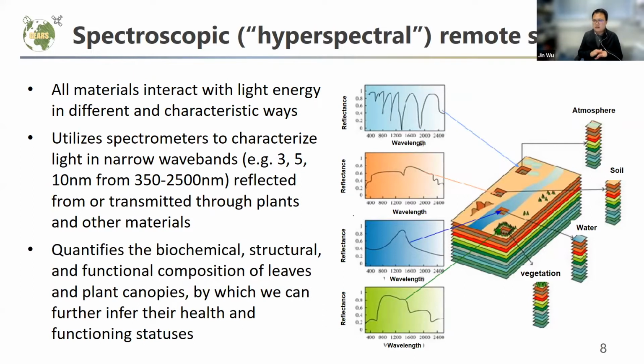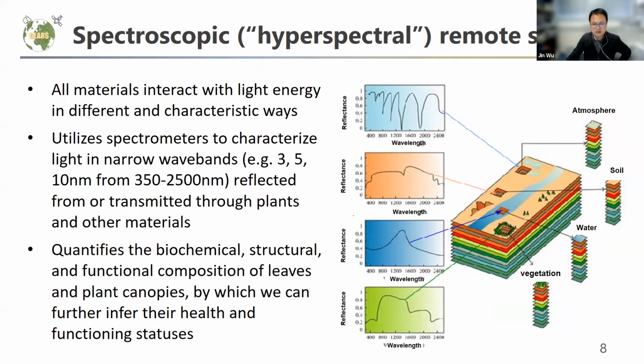A lot of scientific research evidence now also shows that hyperspectral data from vegetation can enable us to quantify internal biochemical, structural, and functional composition of leaves and plant canopies, by which we can infer their health and functional status.